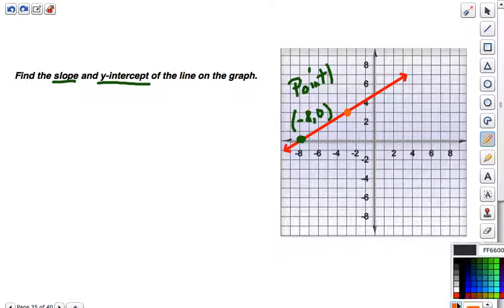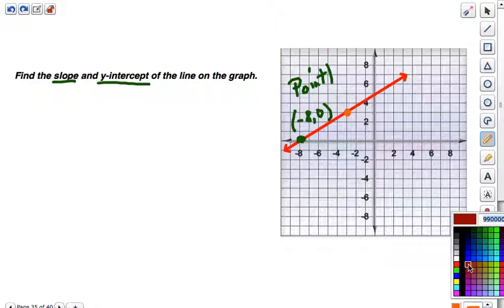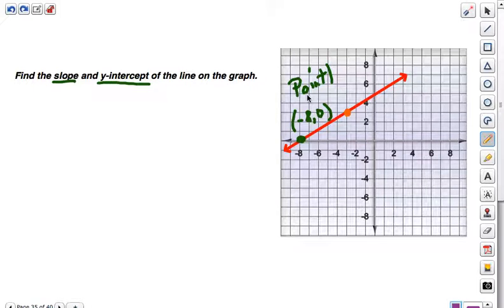That's kind of hard to see, so I'm going to pick a color that stands out a little bit more. Okay, so this point right here is at (-3, 3). And we'll call this point 2.